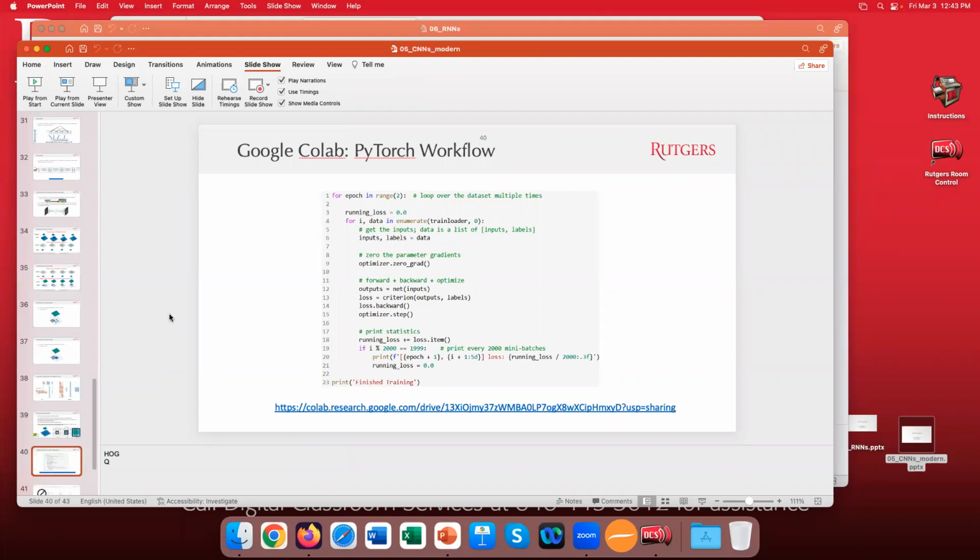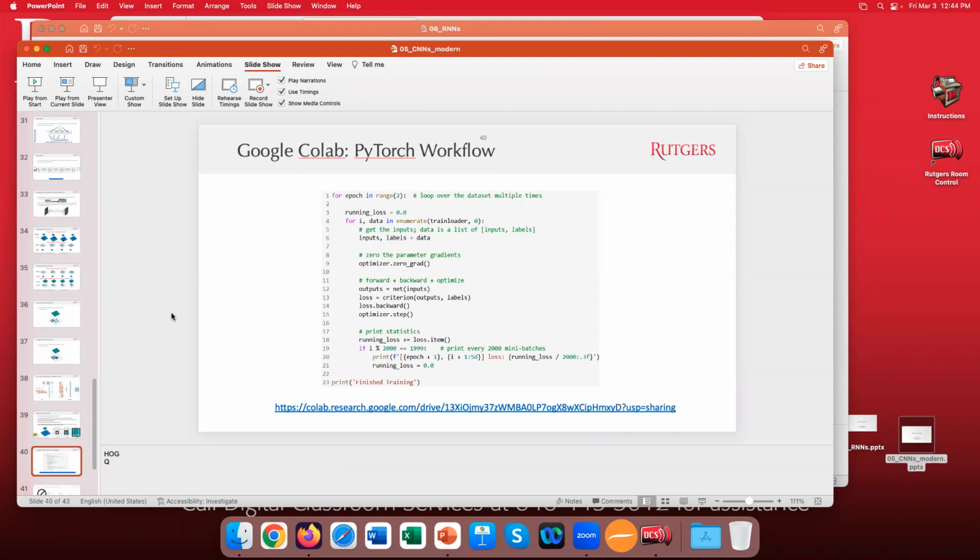Okay, so this is it for convolutional neural networks. Before I move on to recurrent neural networks, any questions so far?